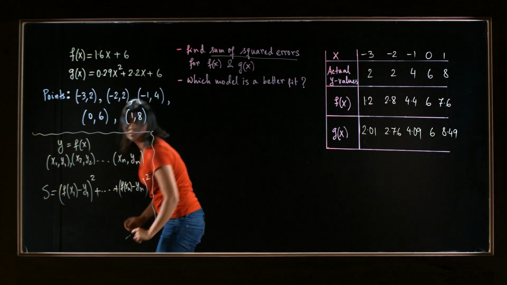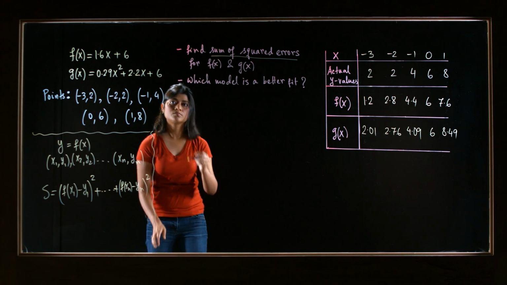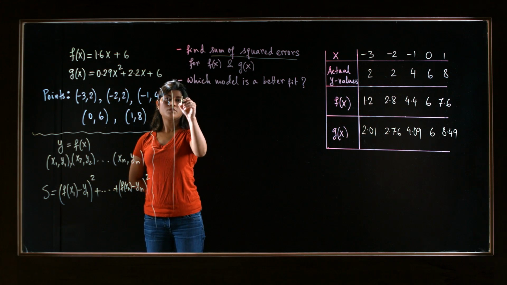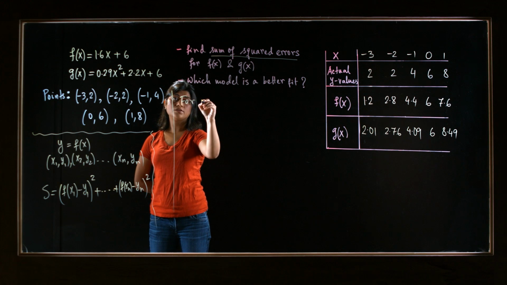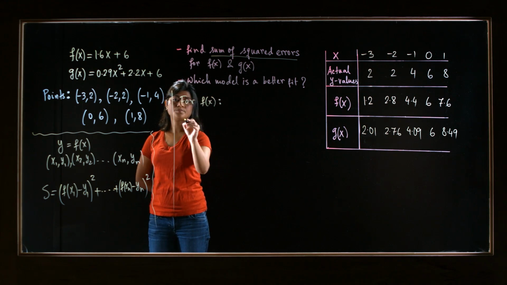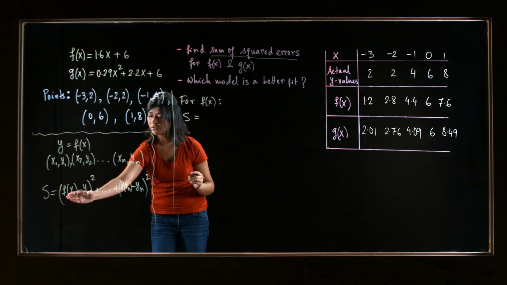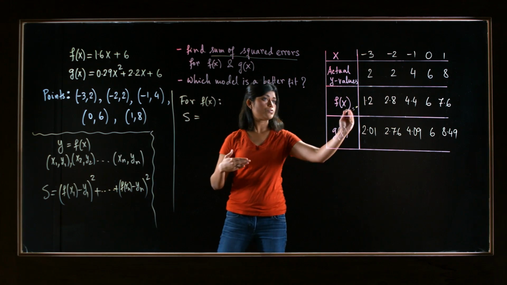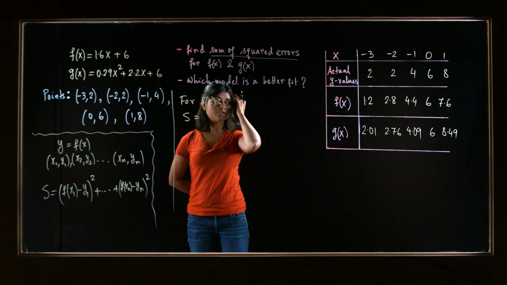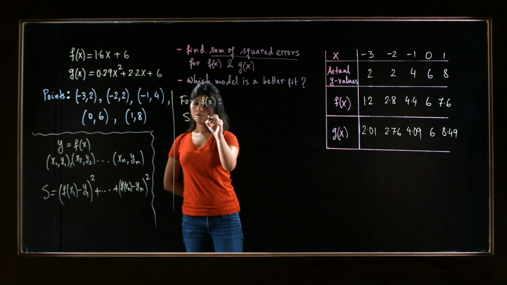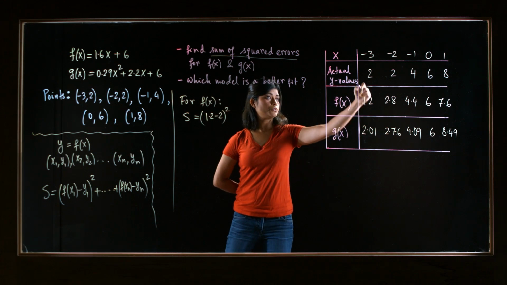Now we compute our sum. So let's compute the sum of squared errors for the linear model. So for f of x, look at the formula here. You have to take the difference of the two y values, the f of x and the y. So we have 1.2 minus 2 squared.